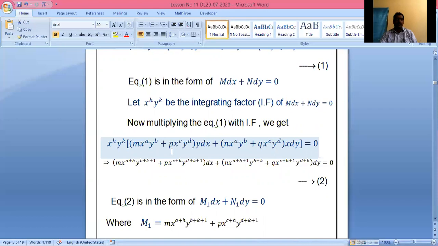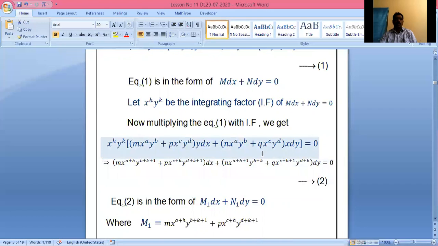Here p x^c y^d into y into x^h y^k is p x^(c+h) y^(d+k+1), whole into dx, plus here n x^a y^b into x into x^h y^k is n x^(a+h+1) y^(b+k).